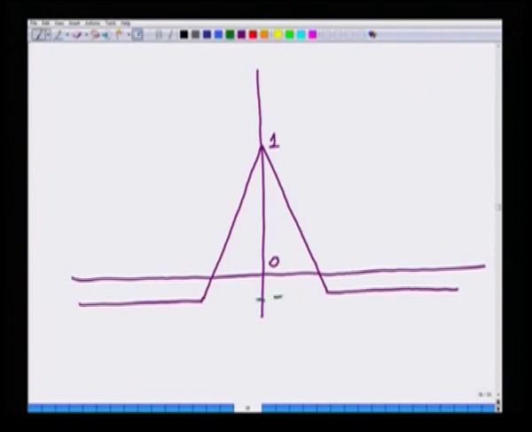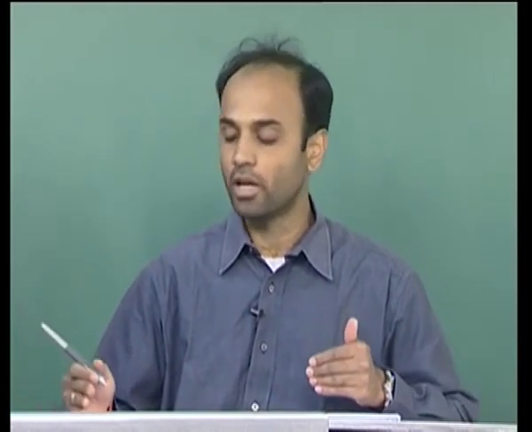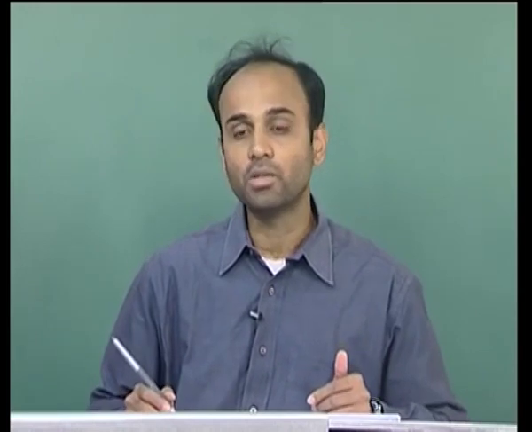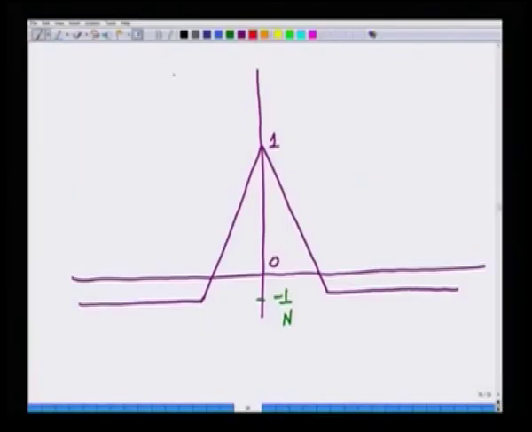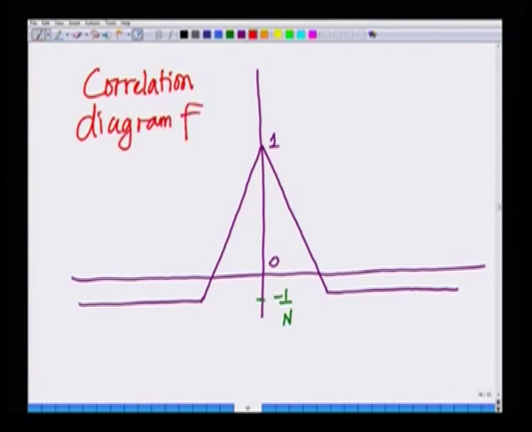So, this is minus 1 over n. So, at 0 it is 1, outside of 0, that is for a lag, that is delay, that is positive or negative, it falls down to minus 1 over n, and this is the correlation diagram for a PN sequence.